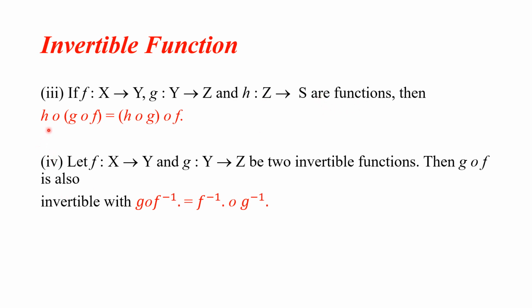Then h composition (g composition f) is equal to (h composition g) composition f. And the fourth condition is, let f from X to Y and g from Y to Z be two invertible functions. Then g∘f is also invertible. That is, (g∘f) inverse is equal to f inverse composition g inverse. This is how we define it.